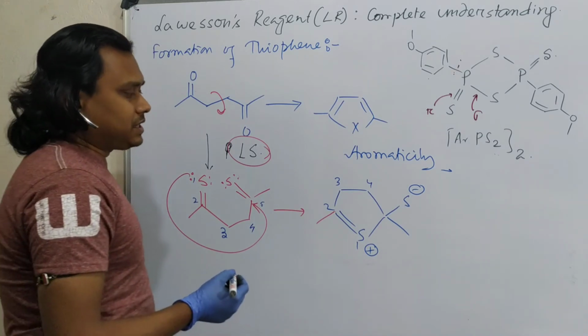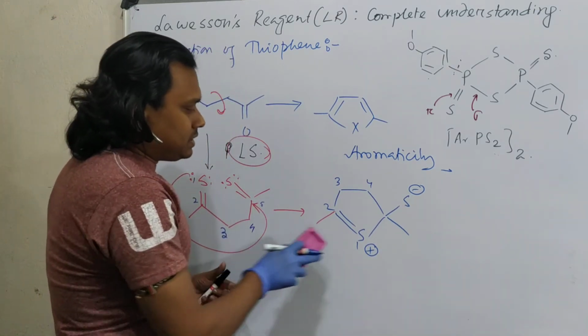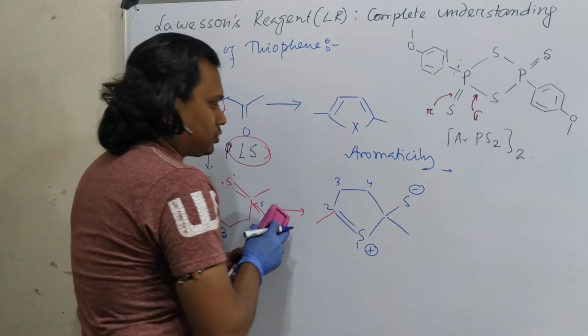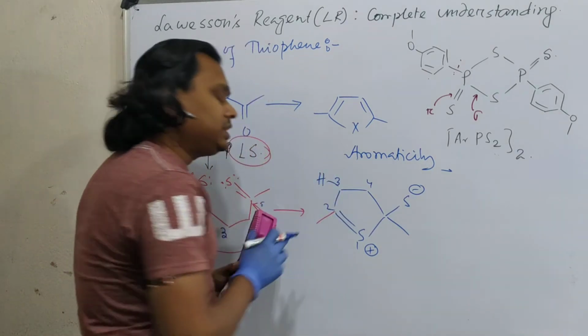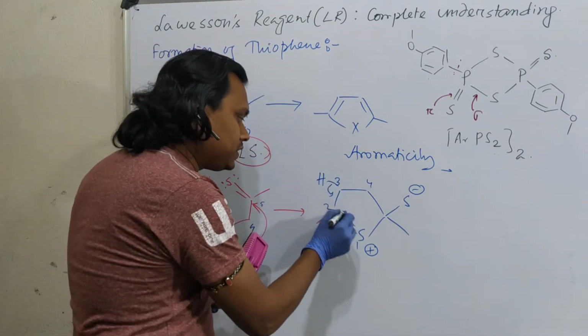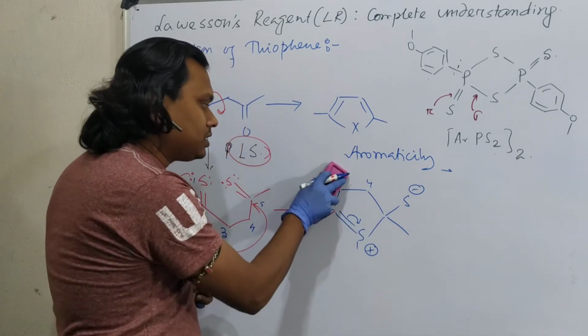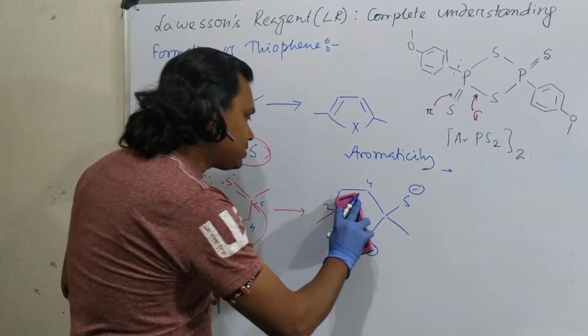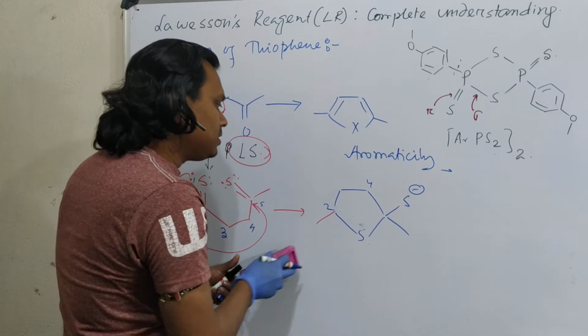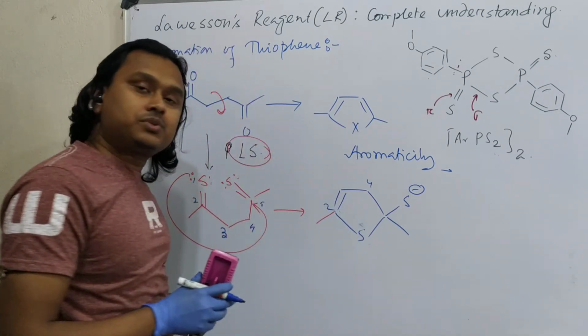So in the next step, what is expected? In the next step, see, a tautomerization is possible. Tautomerization means there is one proton here and this could be shifted, so it could be neutralized. So whatever the ultimate structure is, this is sulfur neutral.